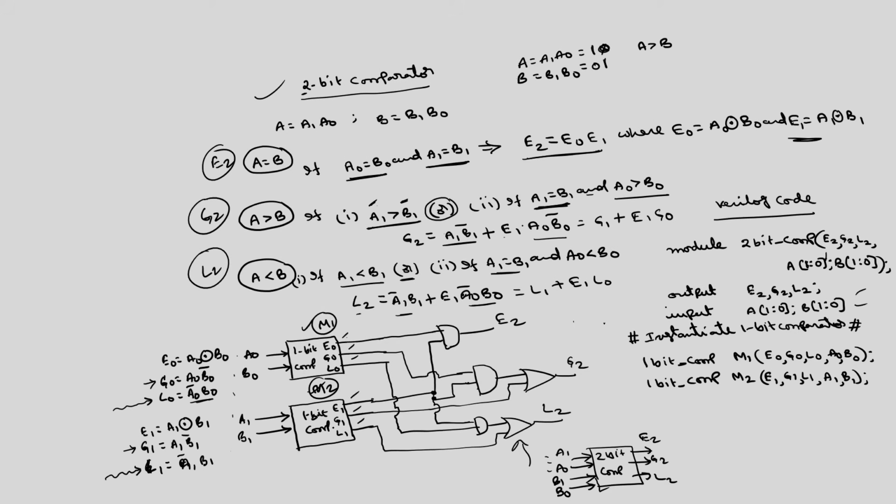You can write somewhere here: wire E0, E1, G0, G1, L0, L1. Then these two 1-bit comparators we have instantiated.